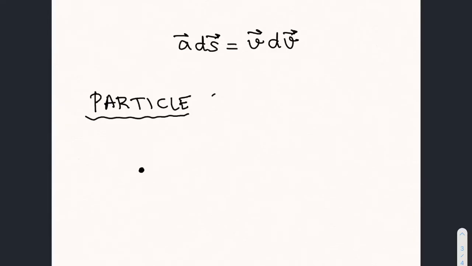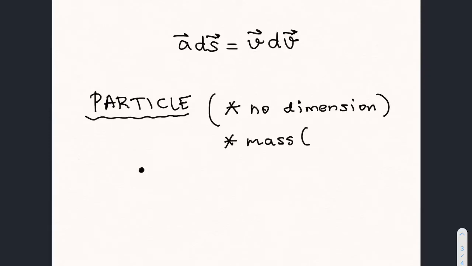So when we say particle, we actually mean two things: no dimension, so it is just a point. We don't talk about length, volume, or anything; everything is represented on a single dot. So there is no dimension, and also the mass, or in a better representation, the inertia, is represented at a single point.